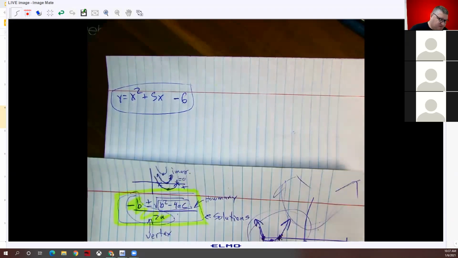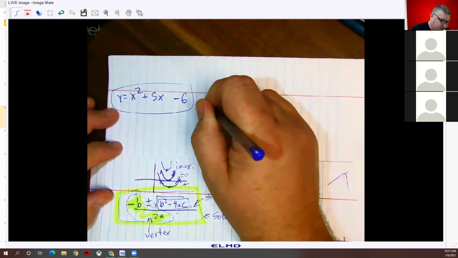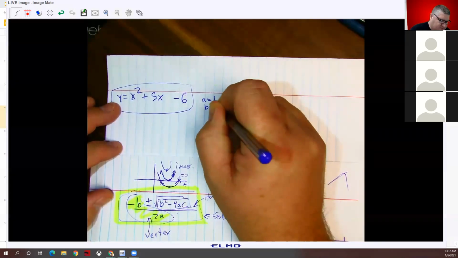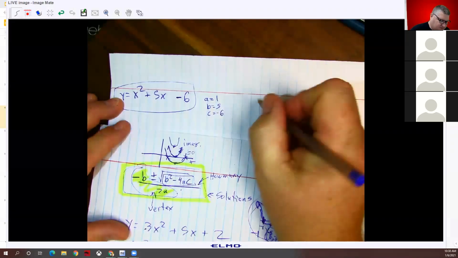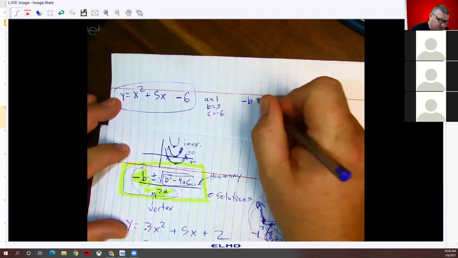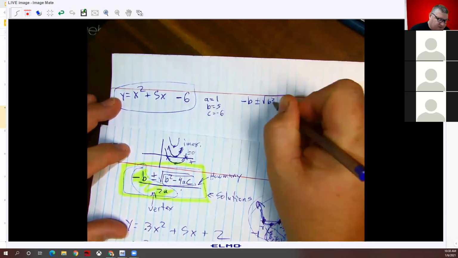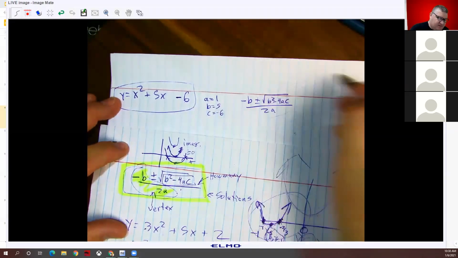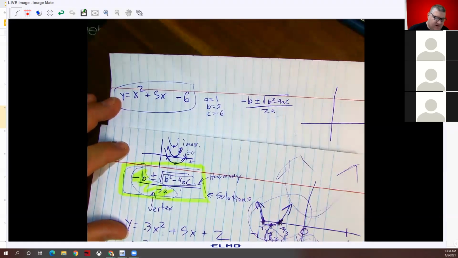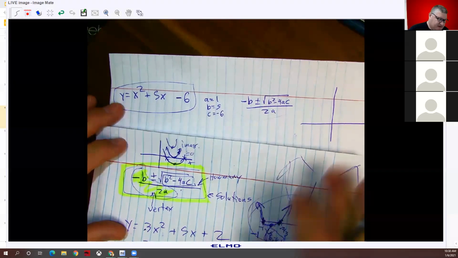Now, for those of you that did join us a little bit late, A equals 1, B equals 5, C equals negative 6. Our entire goal is to use the quadratic formula, opposite of B plus or minus square root B squared minus 4AC all over 2A, to tell us everything about graphing a parabola that we possibly can.